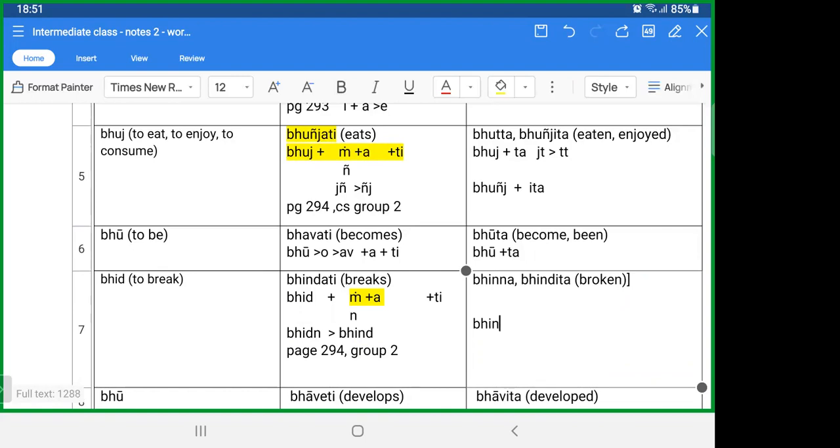Bhin plus na, right? So you can change to bhinna, or bhind plus the ita, change it to bhindita. So all these are possible, either with the ita suffix or with the na suffix. So both are possible.